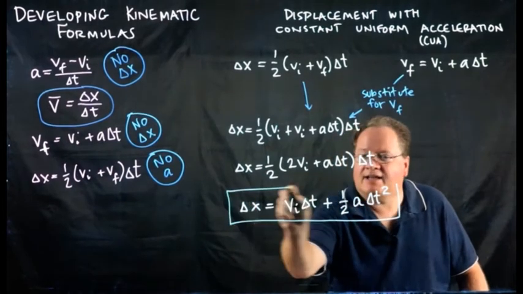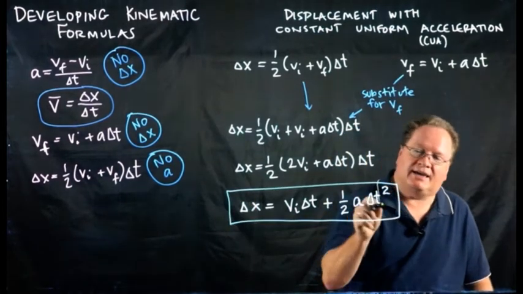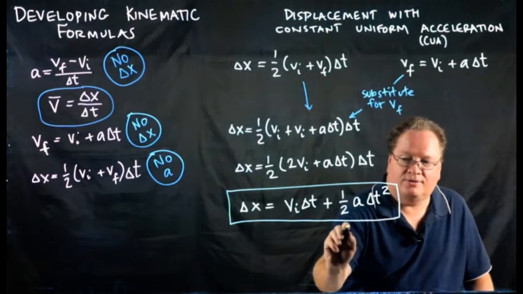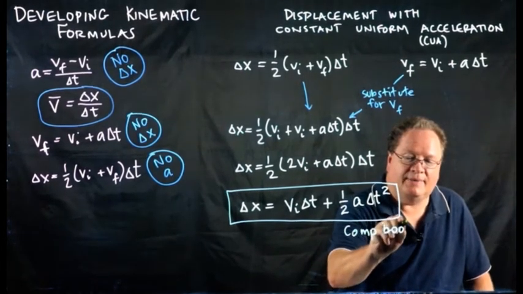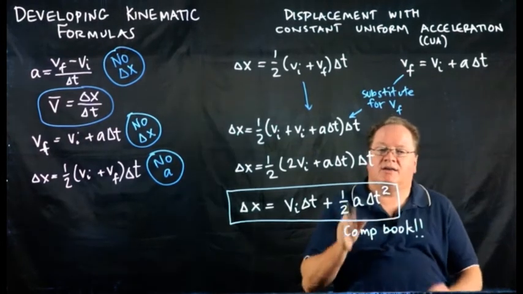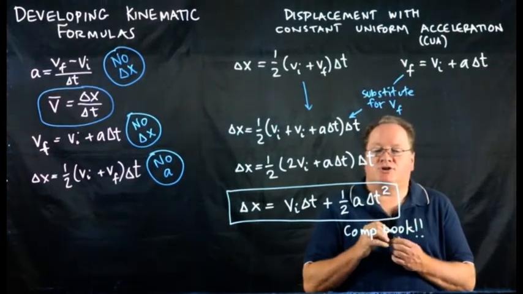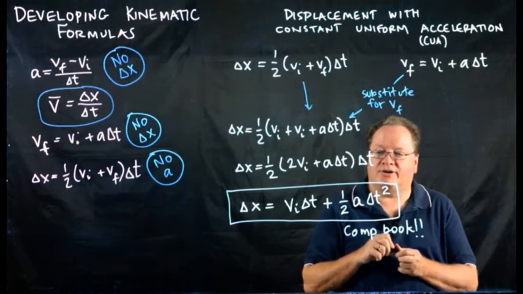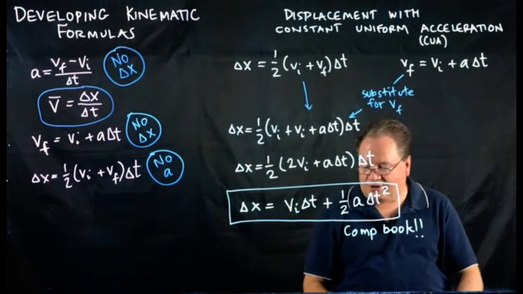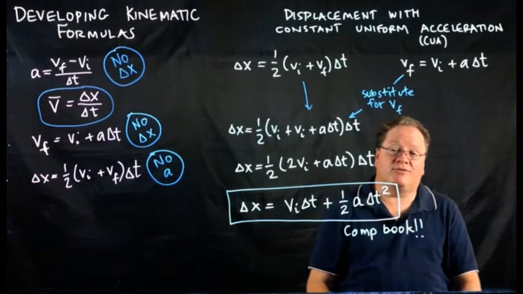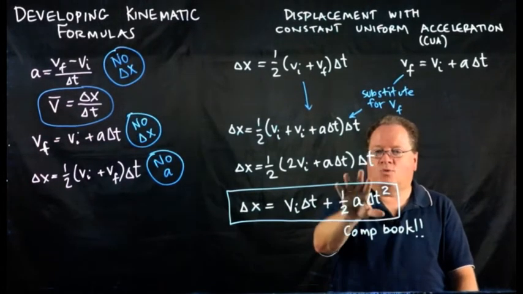All right? That's what this formula is, and it should go in the back of your comp book. Okay? That last page, you should be putting this in the back of your comp book. All of these should go in the same general area, and you'd call them kinematic formulas. Now, what's missing here?